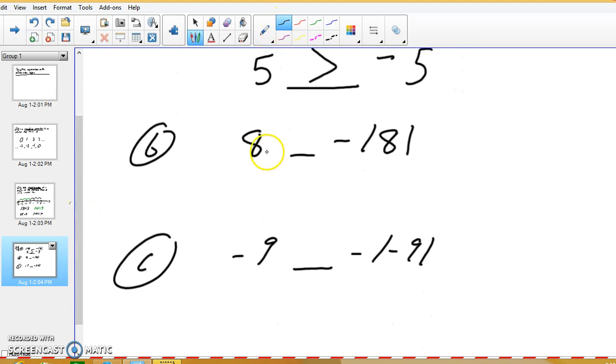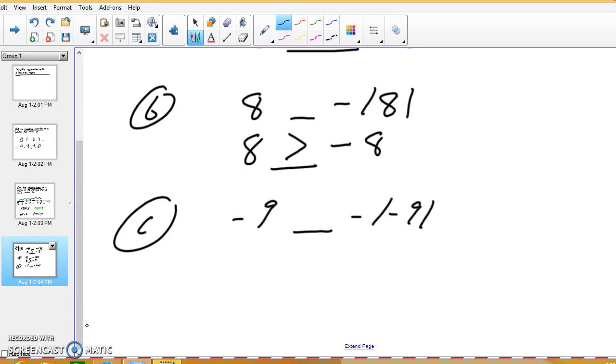We'll do the same example over here. So 8, that's just simplified as is. And now we want to know the negative of the absolute value of 8. Again, what's on the inside of it is just 8, and the absolute value of 8 is 8. So now 8 is less than, greater than, or equal to negative 8. Well, we know that's greater than. And now this one, so we have negative 9.